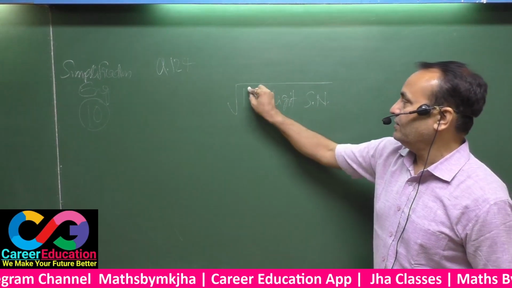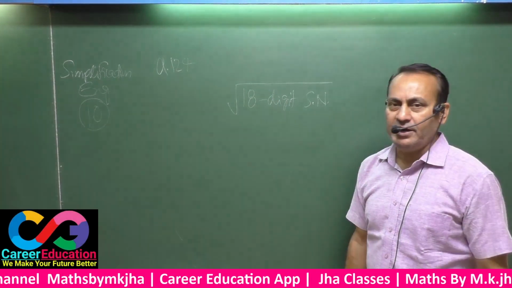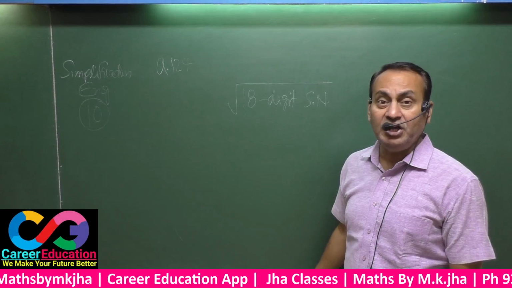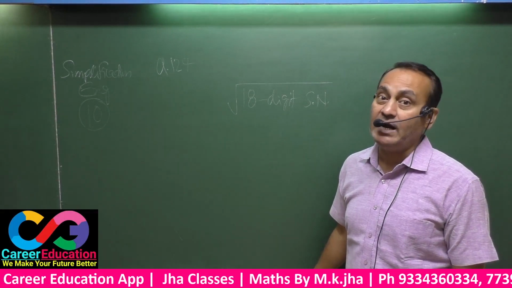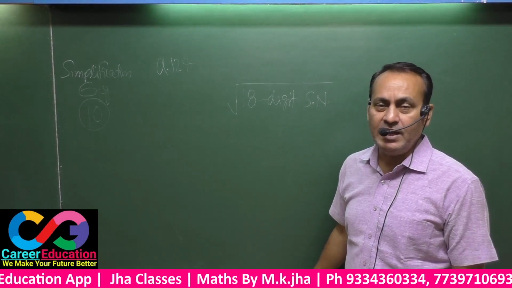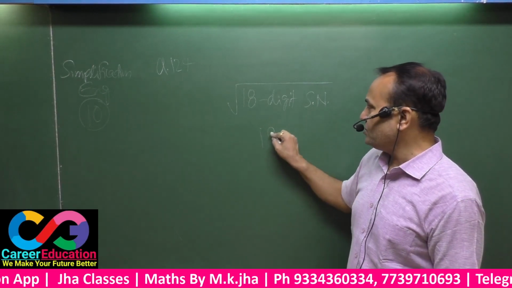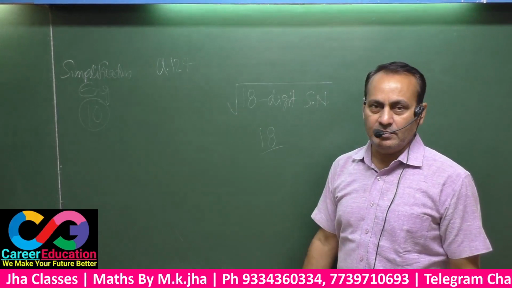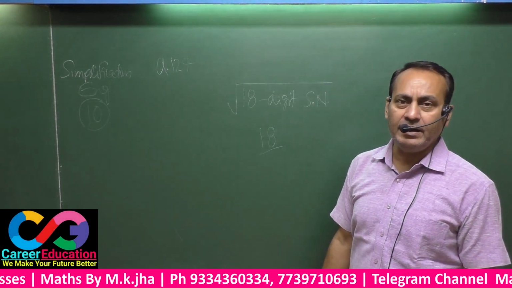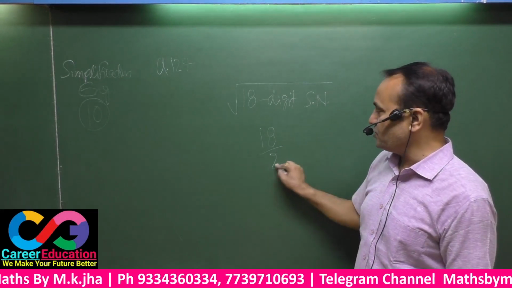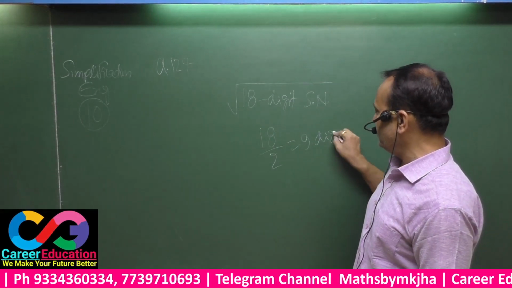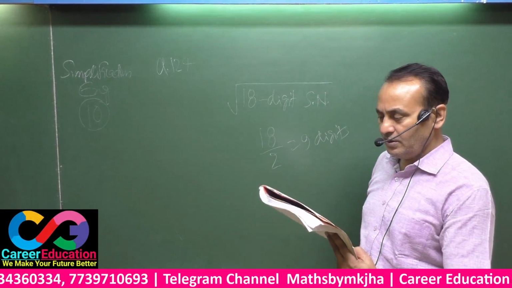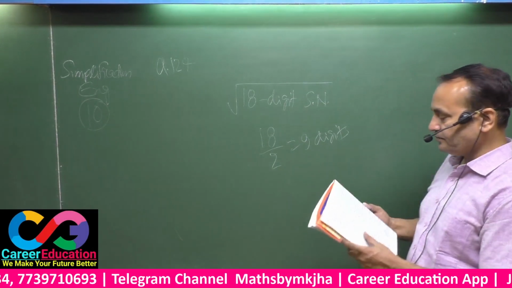That means in your perfect square number this time there are 18 digits, and you have to find its square root. Since this is an even number, it must be divided by 2 only, and you get 9 digits. Note down, the answer must be 9 digits.